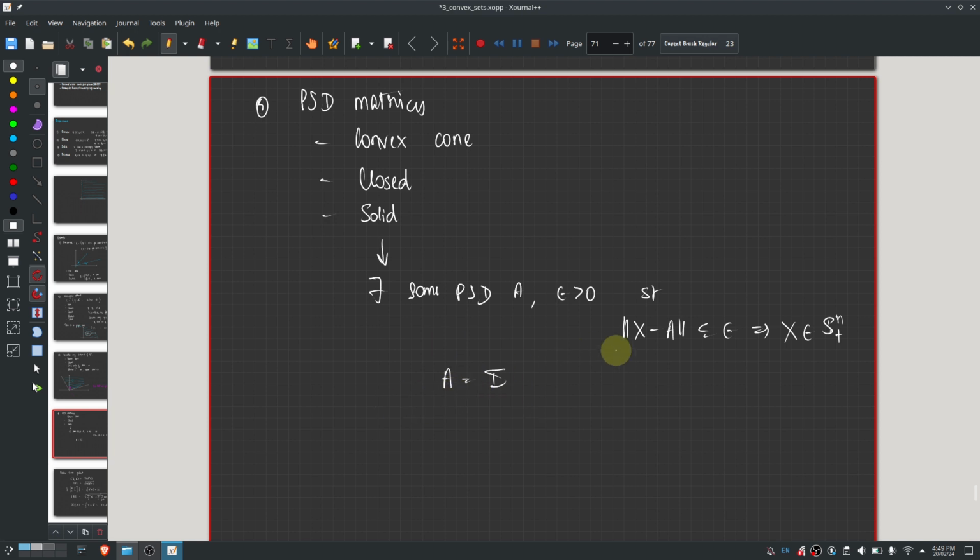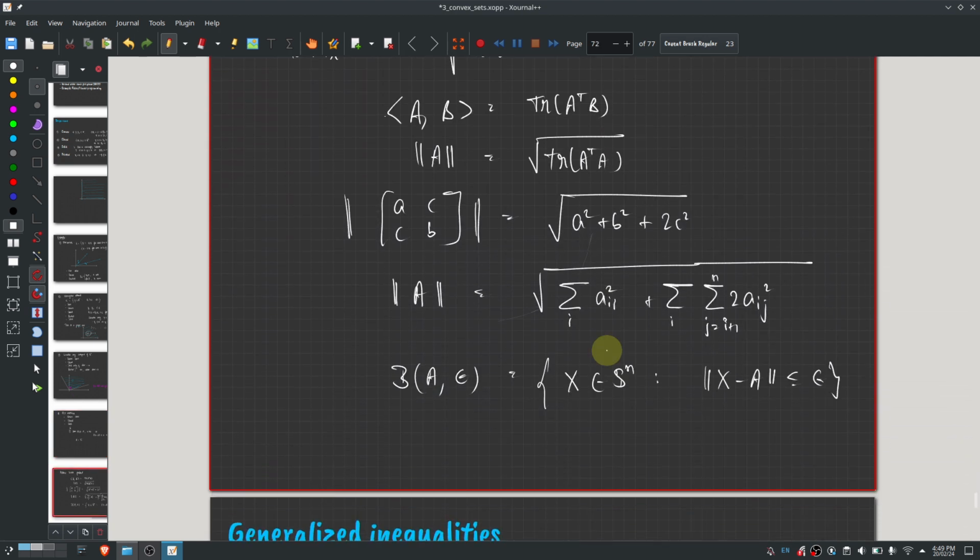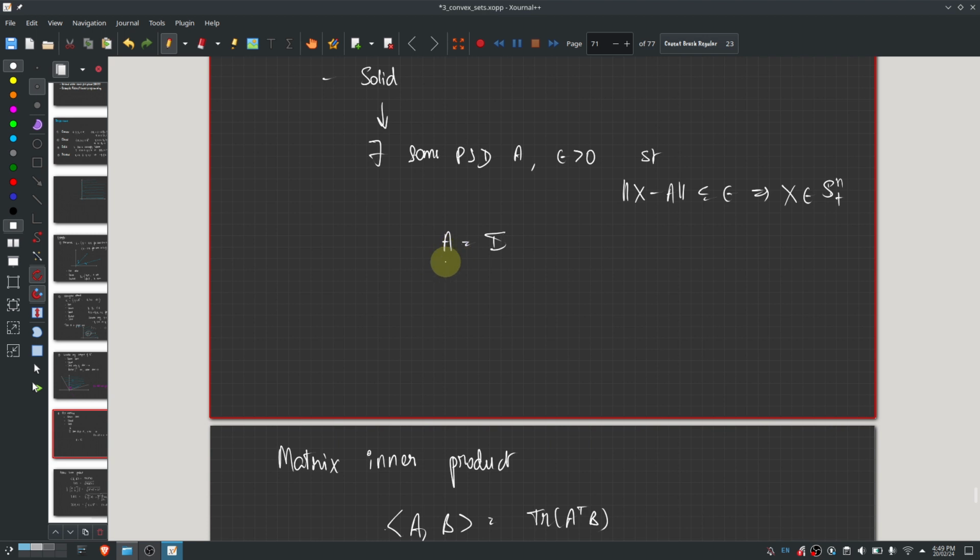So in order to prove this, I want to show that for all x such that the norm of x minus I is less than or equal to epsilon, x is also positive semi-definite.